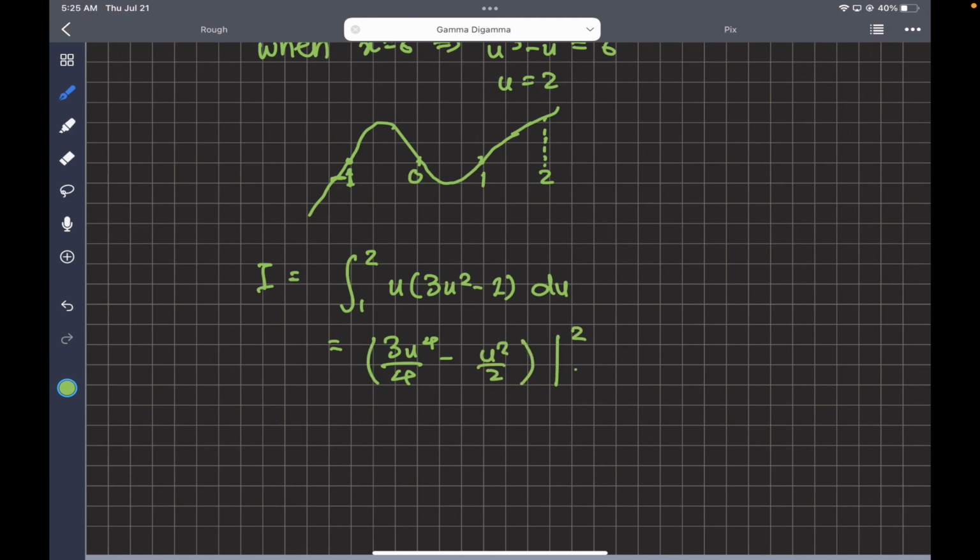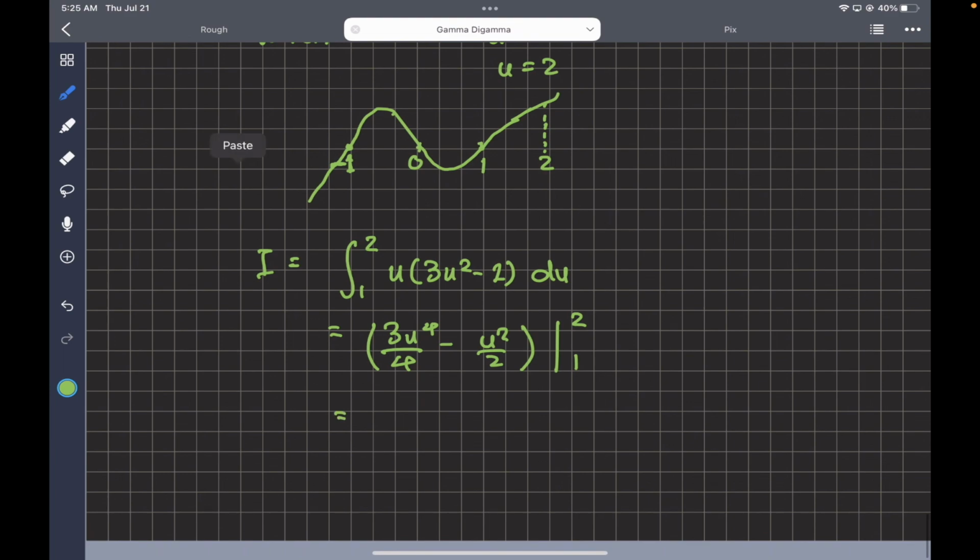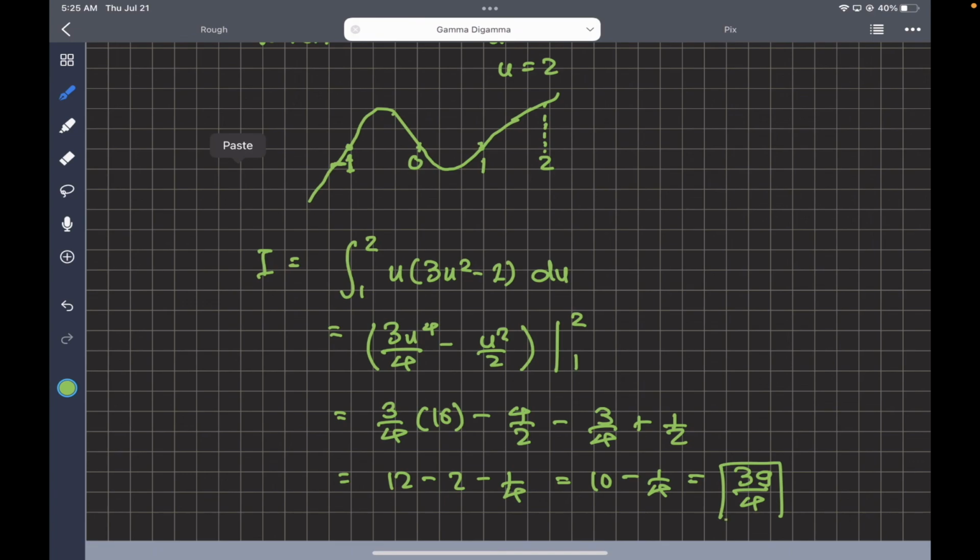Evaluated at 2 and 1: at 2 we have 16 minus 4 by 2 minus 3 by 4 plus 1 by 2. This is 12 minus 2 minus 1/4, which is 10 minus 1/4, which is 39 by 4, and that is the right answer.